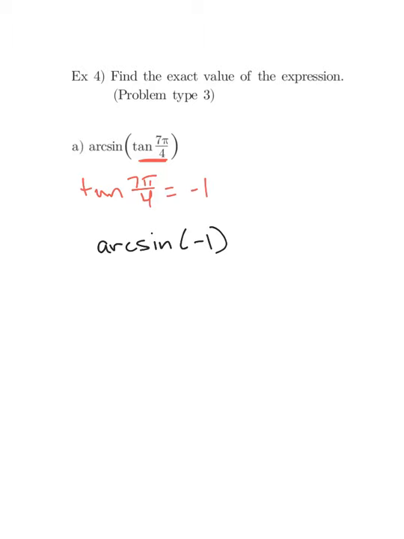We replaced tangent of 7 pi over 4 with what we know it equals. Now we're doing a simple inverse function. Ask yourself where in first quadrant or in fourth quadrant does the sine value equal -1? When we use the fourth quadrant, we are going down from 0, and so that happens at -pi over 2.